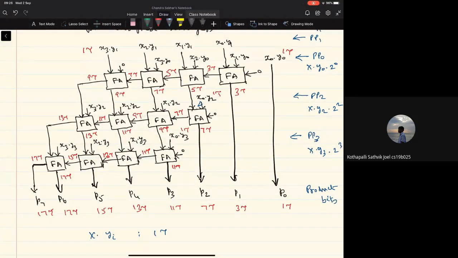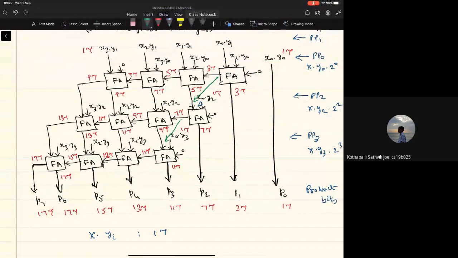We see that the carry output of the first full adder will influence the next full adder, going into the first position in the next level. What is the delay for the effect of this carry to come as input to the next level full adder? It's 2 tau, and again from here to here, it's 2 tau.